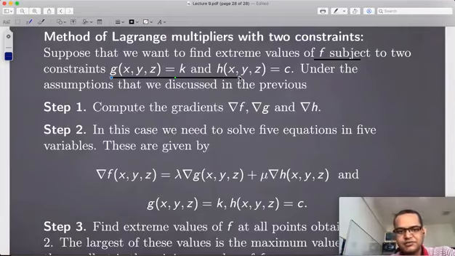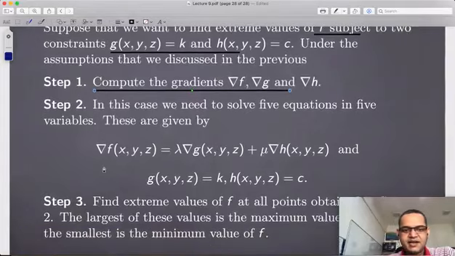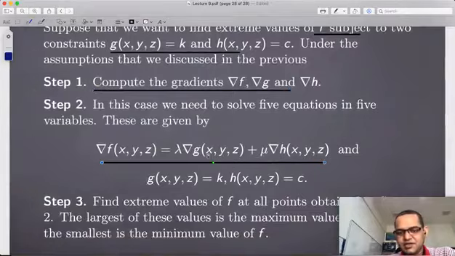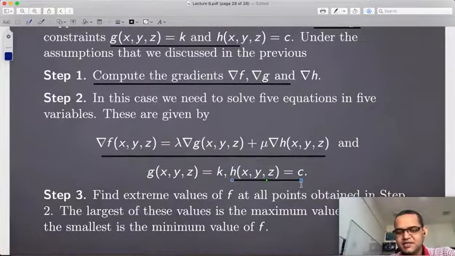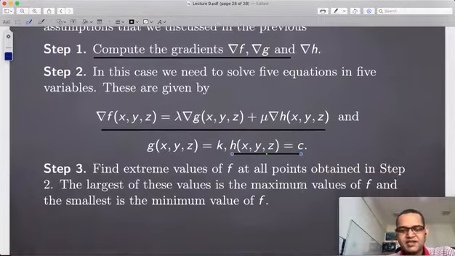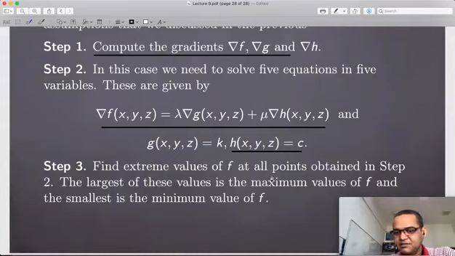Those assumptions are going to be there, and then as earlier we compute all three gradients and look at this equation. Now this equation has two parameters, so you have one extra variable, but that is fine because we also have one extra constraint, so we have one extra equation. So now there are 5 variables and 5 equations. You solve them for x, y and z, and mu and lambda, and you get points on the curve and just evaluate your function at these points.